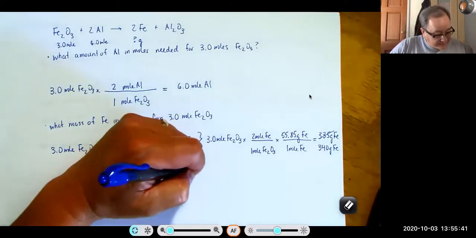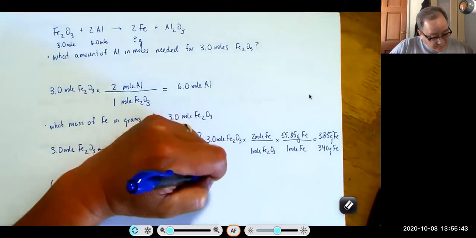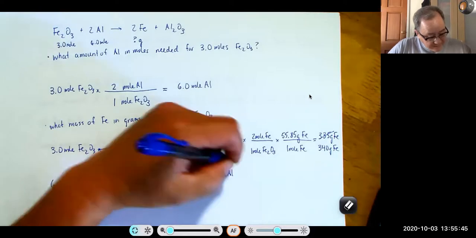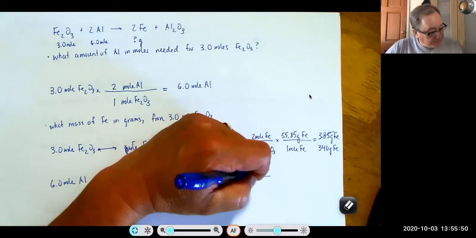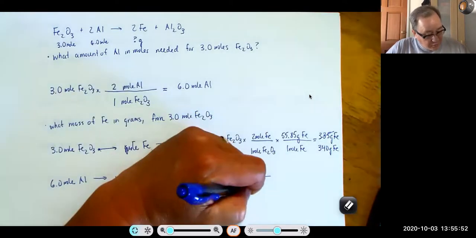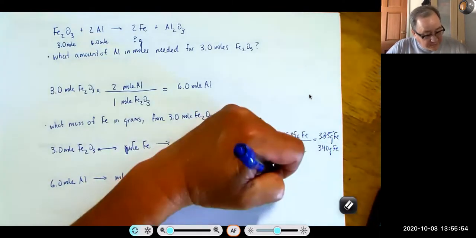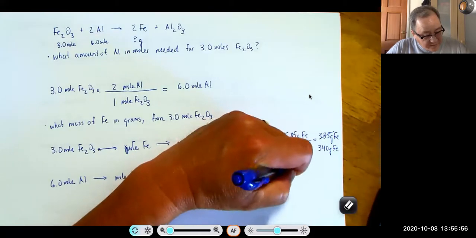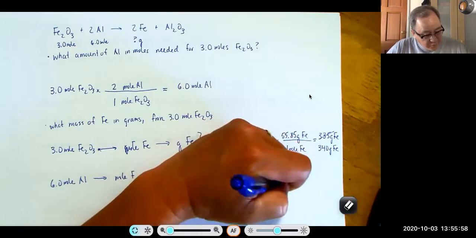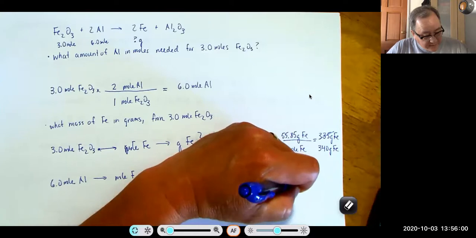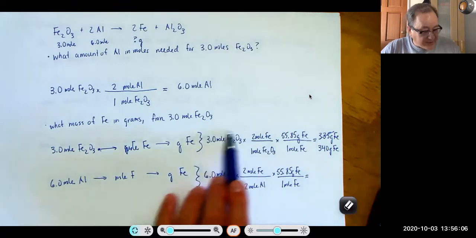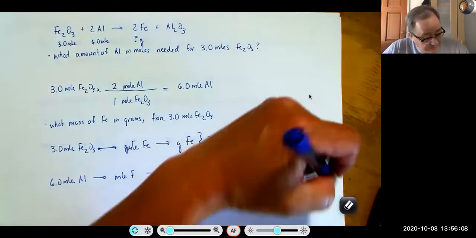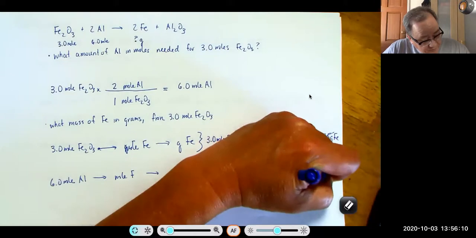Now let's try this. 6.0 moles of aluminum times 2 moles of iron to 2 moles of aluminum times 55.85 grams of iron per 1 mole of iron. And you can see that 6 times 1 is the same as 3 times 2, so we're going to get the same answer.